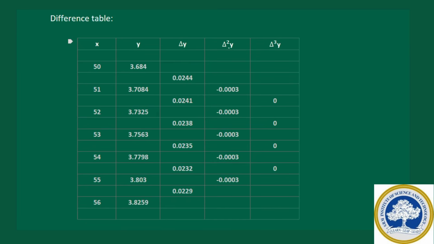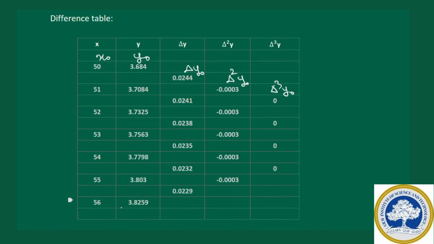Then again we have to find delta square y and delta cube y. Here delta cube y takes the value 0, so there is no need to find delta power 4 y and so on. In this difference table, the first value represents x naught, the first value of y represents y naught, then delta y naught, delta square y naught, and delta cube y naught.